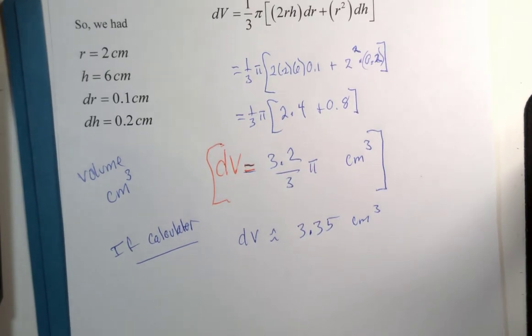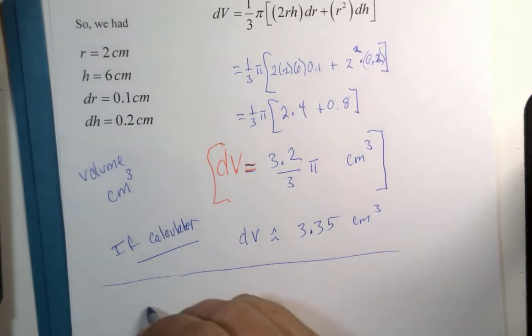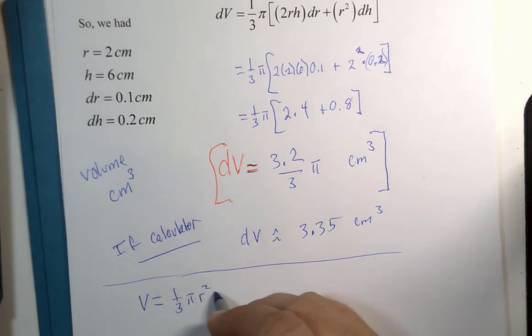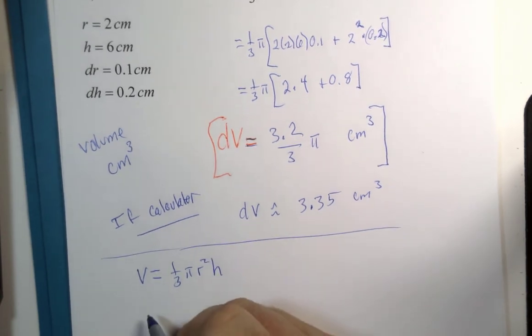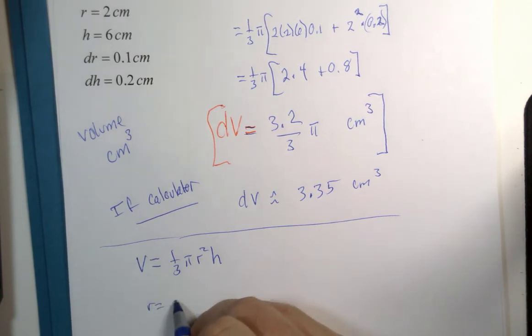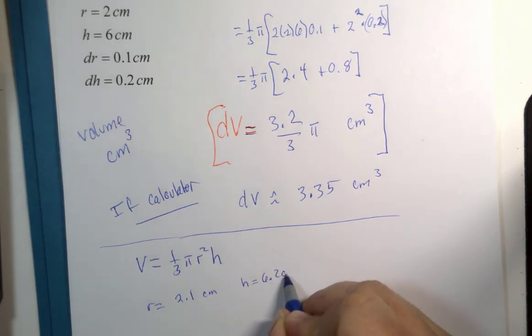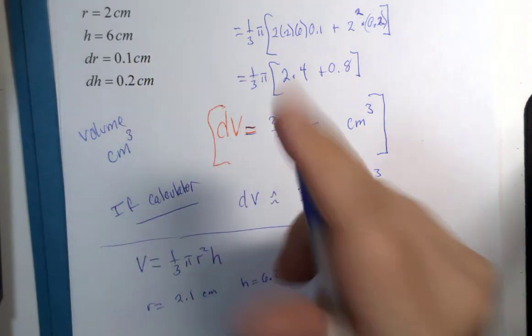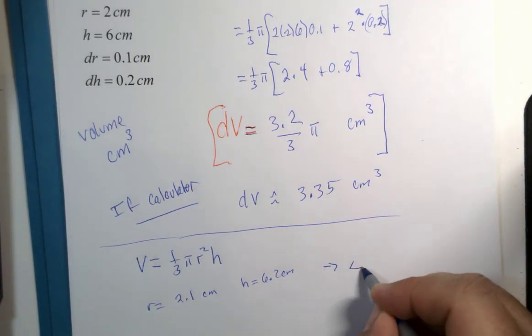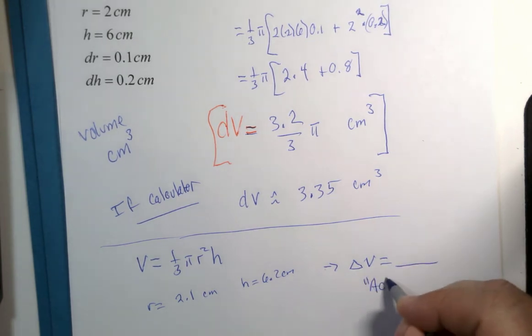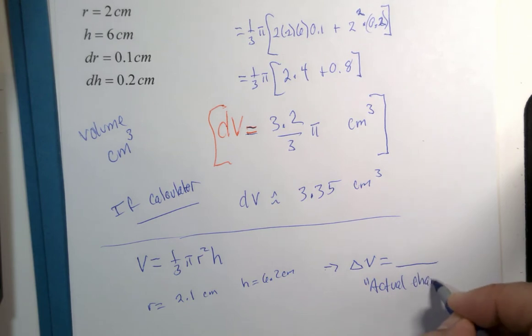Now, if you went back and actually calculated the volume, 1/3 pi r squared h, and you let your radius become 2.1 centimeters and your height equal 6.2 centimeters, because those are the possible errors, you could use this to figure out what delta V equals, the actual change or error.